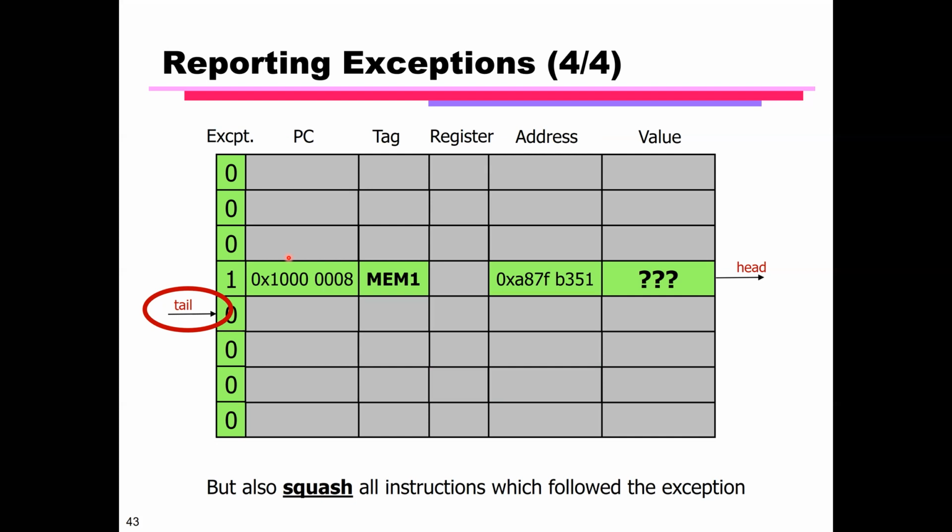And I will take the PC and I will put it into whatever name you give to this register, but there is always in a processor something that is the exception PC, the program counter at the time of exception, right? It's called $EA in NIOS. If you are familiar with MIPS, it's somewhere in coprocessor 0. There is one register for the exception PC.